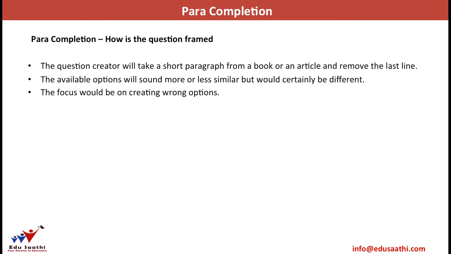So, what he'll do is violate a few rules related to the basic, generally accepted rules for writing any essay or paragraph. For example, he may start discussing an alternative topic which is more or less similar to what's being discussed. So this would be one option that he's created.